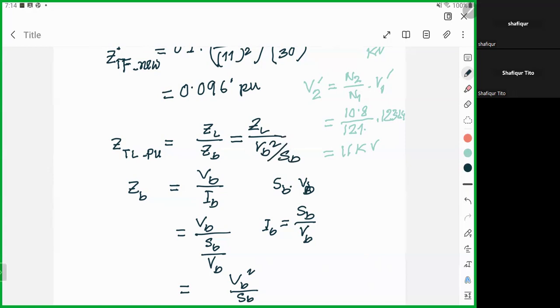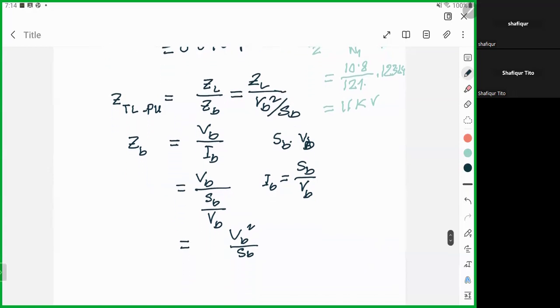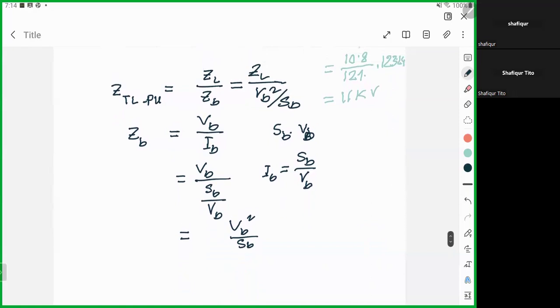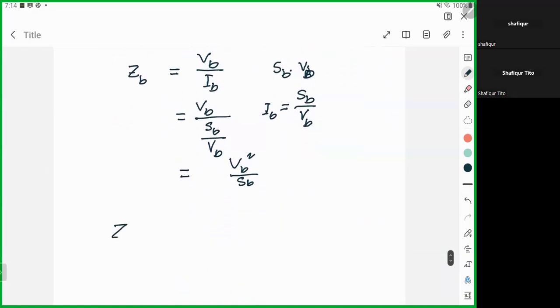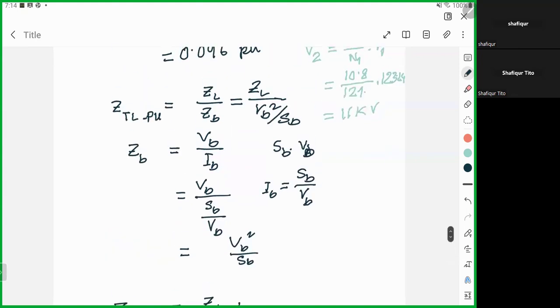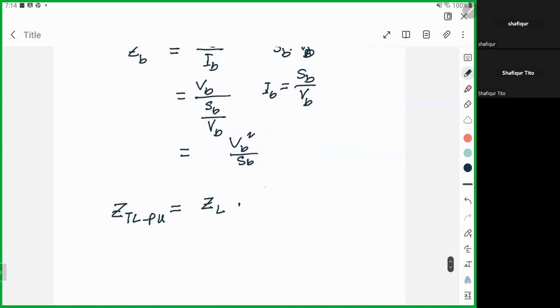And then from here, we can use this formula. So ZTL per unit is equal to ZL times, so we can inverse this one, so it would be SB divided by VB square.